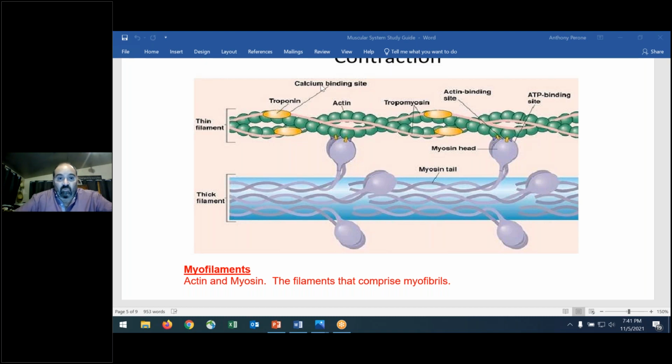Troponin will interact with calcium, and as a result it will change shape and move tropomyosin, exposing the myosin binding sites on actin and allowing myosin heads to connect with the actin and begin the whole process of contraction.